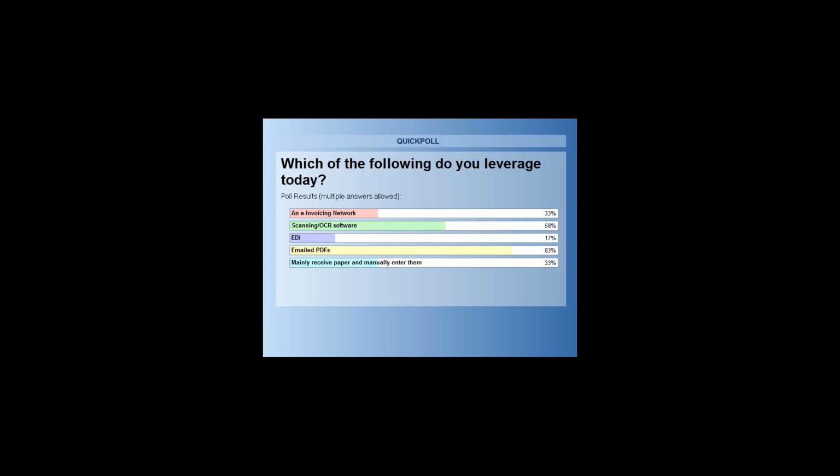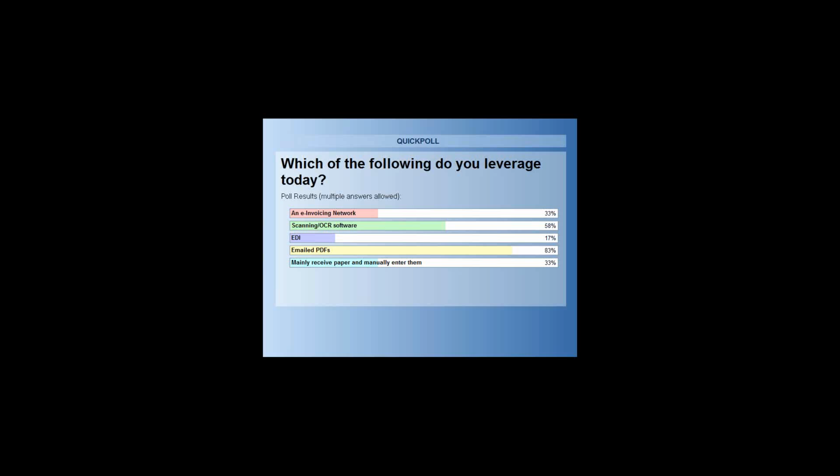Okay, you can see it was multiple choice, but many of you, 83% of you, are receiving invoices through an emailed PDF, followed by 58% coming in at scanning and OCR, 33% an e-invoicing network, then 33% mainly paper, and 17% of you are actually doing EDI. So an interesting spread there, but what this really tells us is that potentially there's still a lot of manual components to your invoicing process today.